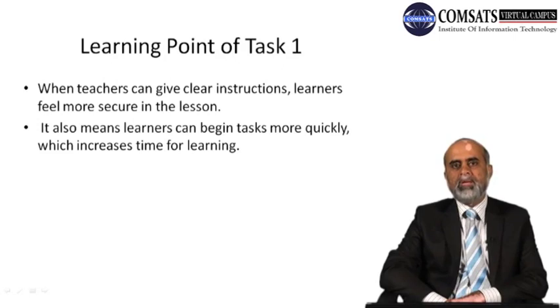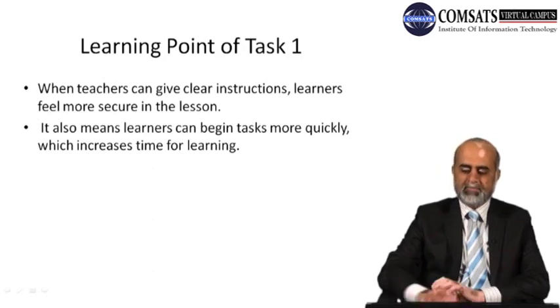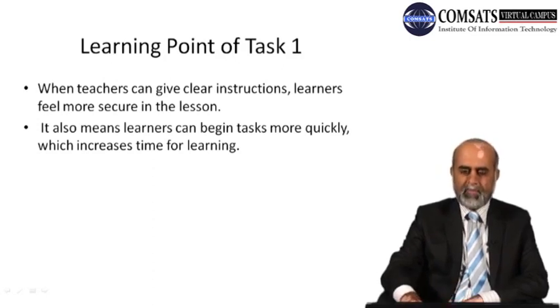Students would be able to move on to the activity earlier than if the instructions had not been clear. So the reason why we need to give clear instructions is that learners would feel more secure and learners would be able to start the activity quickly without wasting time.